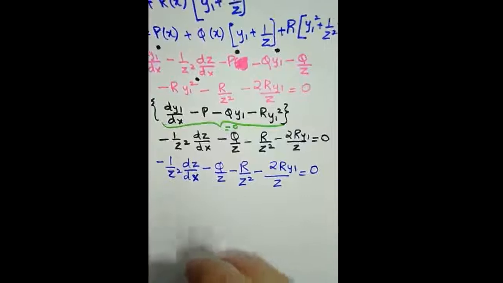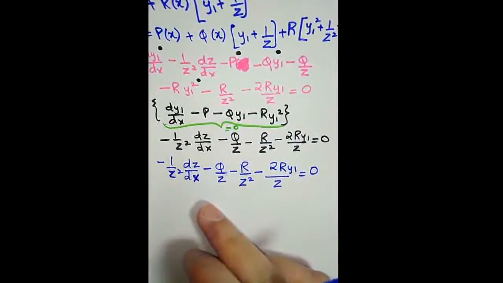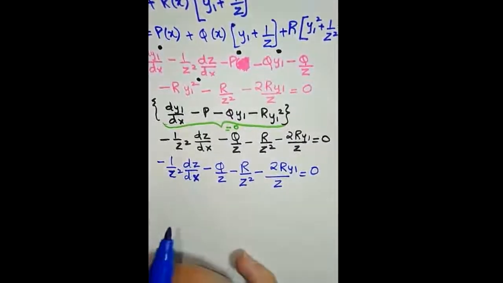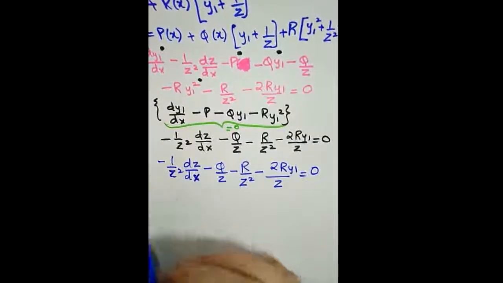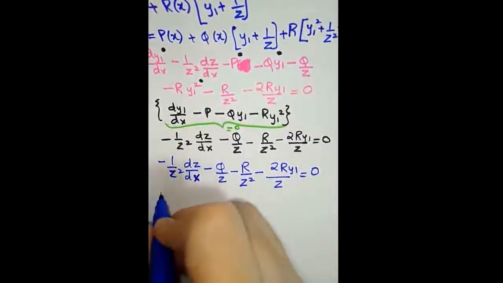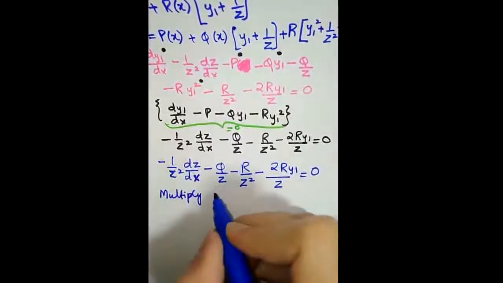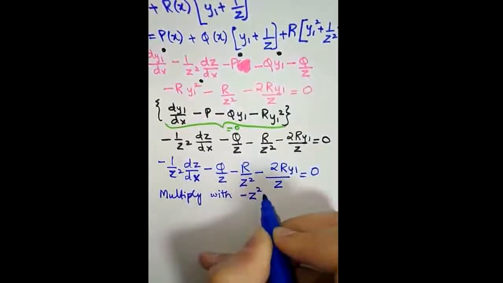Right, I want to get rid of this z square and z in the denominator, so I am multiplying this equation with minus z square.